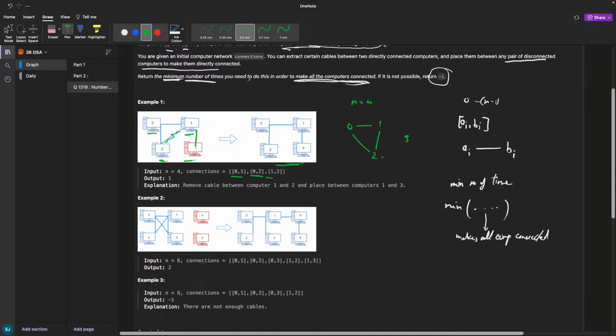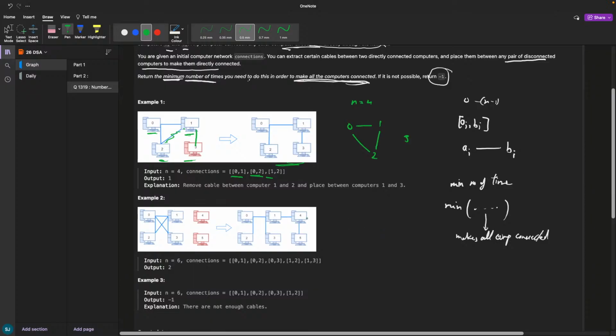There are multiple ways to do it. So we did this and the output is 1. And what are you exactly doing? You can extract cables and place them between any pair of disconnected computers to make them directly connected. So essentially there are components of a graph involved.